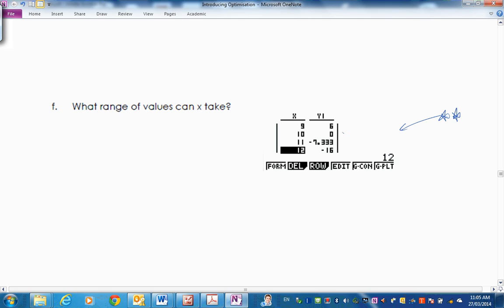You can see that when you get to X is 10, in the formula, what have you got? When you put in 10 in place of X in this part of it, you'll get 40 take 40, which will be 0. X is 10 is the highest value you can have in there before it doesn't make sense. You get negative area.